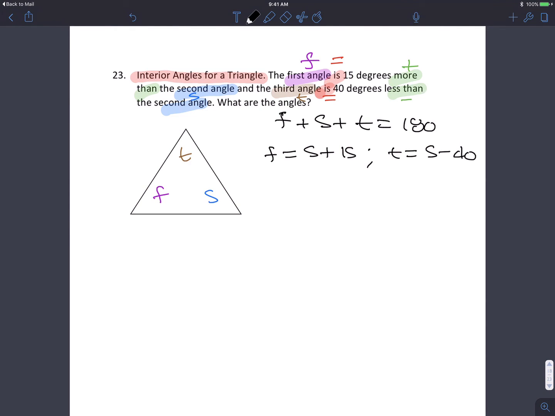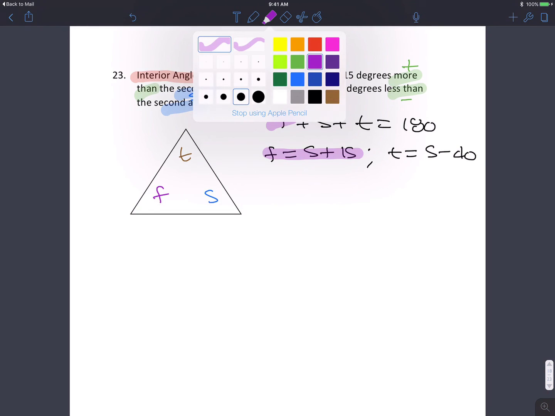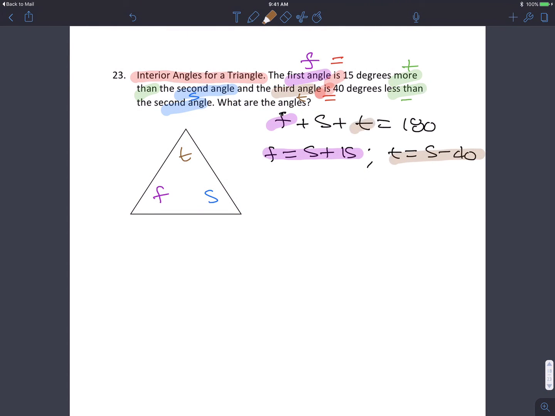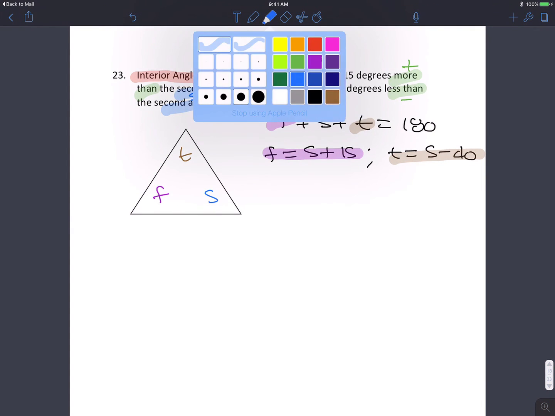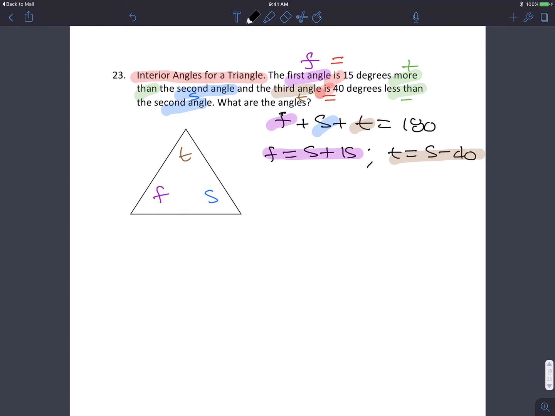Let's plug these values in. Let's substitute. That means, again in purple here, my first is right here, and in brown, third is here. And I leave this original S alone. And here's what I get. I get S plus 15 plus another S plus S minus 40 is 180. Let me emphasize the S's because my S and 5s look very close. And let's do some algebra.